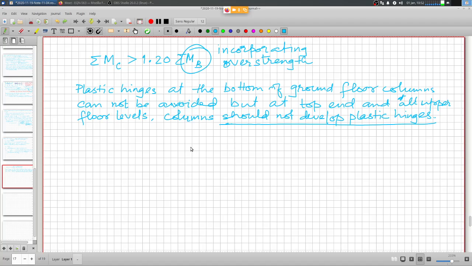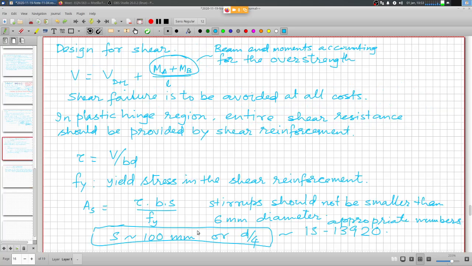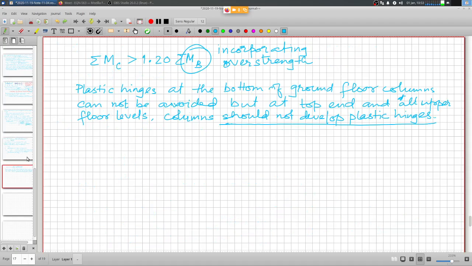And whatever you save, you can actually provide in making the beams safer and more ductile, and that can actually take care of the complete system.